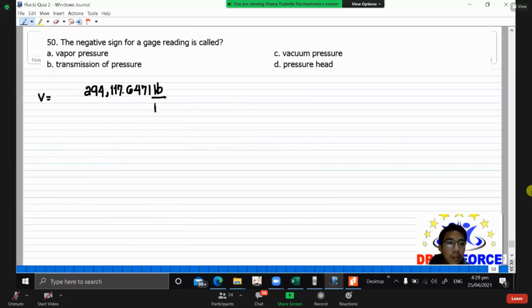This is in pounds per square inch. Okay, take note, dapat naka-feet per second. So ito, convert natin. So ito, naka-pound force ito kasi naka-pressure. Conversion factors. In 1 pound force, we have 1 slug feet per square second. Ano pang conversion natin? Yung slug.